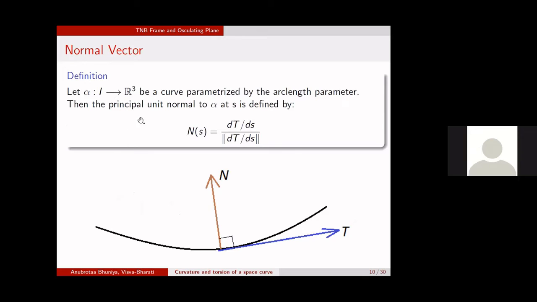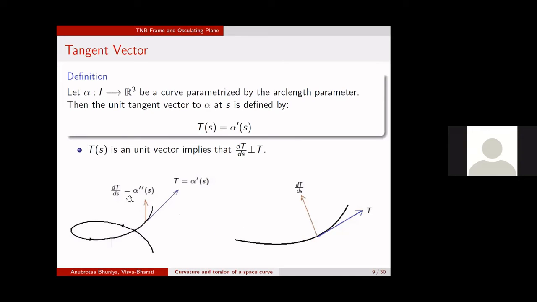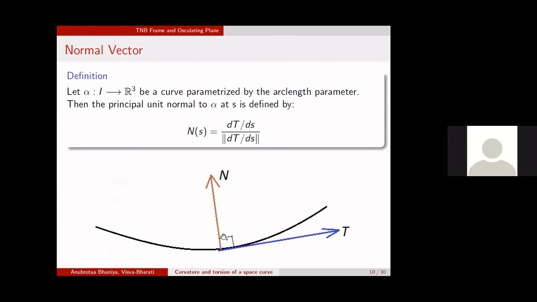Okay, now we are defining the normal vector. I've said already that dT/ds, or alpha double dash s, is perpendicular to T. So we are taking the unit vector along dT/ds as the normal vector. See, if we take a curve in space, there can be many normals. Actually, there is a normal plane which is normal to the tangent vector.